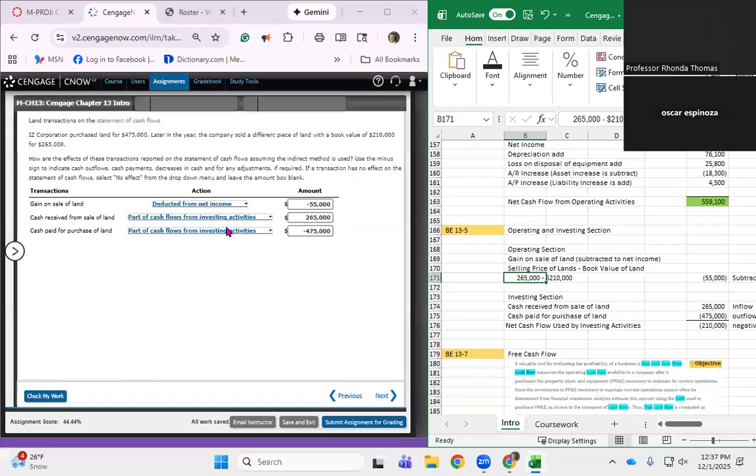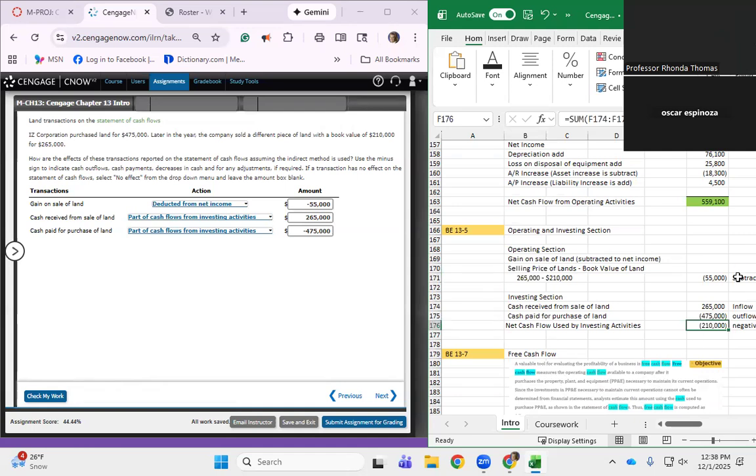Remember, when we get down to the investing and the financing section, whatever effect it has on cash, whether it's going up or down, that's what we put it in. So if we were to look at this, the net cash flow used by investing activities would actually, if that's all the investing activities they've had, be a negative cash flow in that investing section of 210,000.